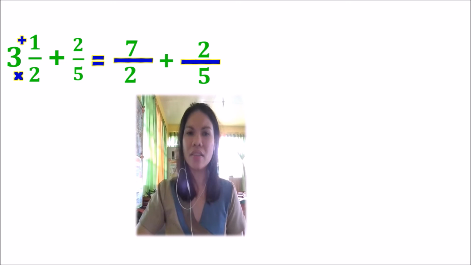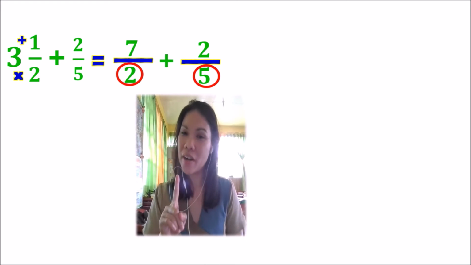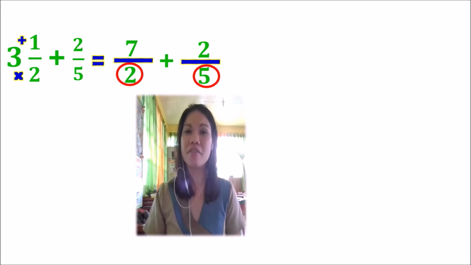And then as you can notice, our fractions have different denominators, meaning to say, our givens are dissimilar fractions. So always remember, children, for us to solve dissimilar fractions, using addition, we will determine its least common denominator, or the LCD.